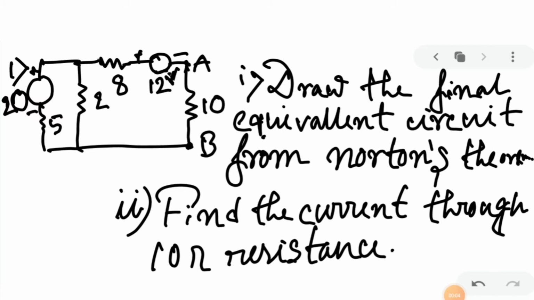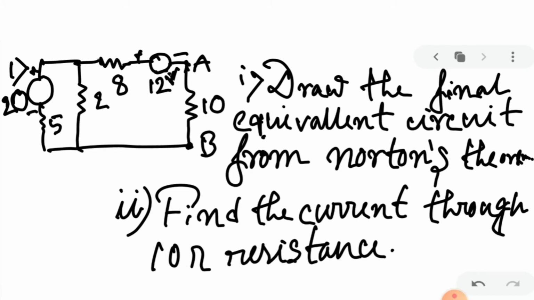You are given a circuit. Question number 1: draw the final equivalent circuit from Norton's theorem. And question number 2: find the current through the 10 ohm resistance.